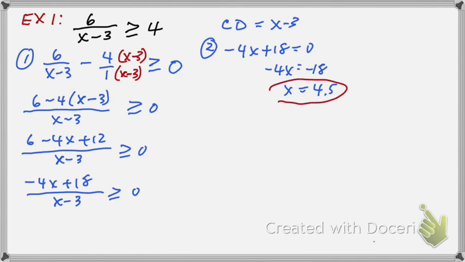Now see, yesterday with those quadratic ones, what did we do? We solved the quadratic, we got down to the 0 factor property, and then we figured out our critical values. Here, we're taking the numerator and denominator and solving them for 0. All right, my next one is take the denominator, x minus 3.